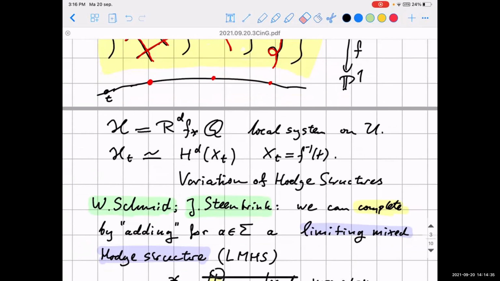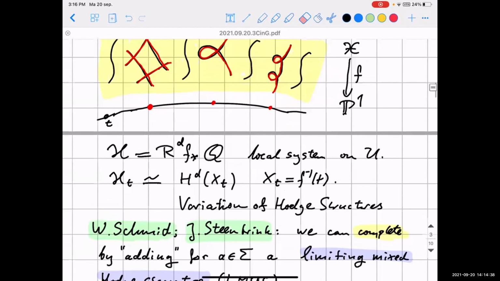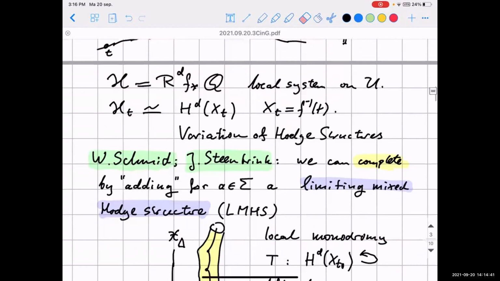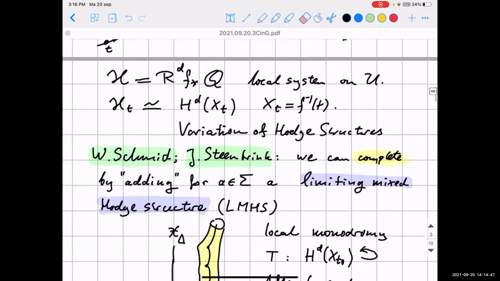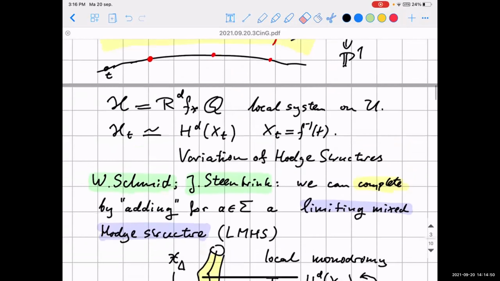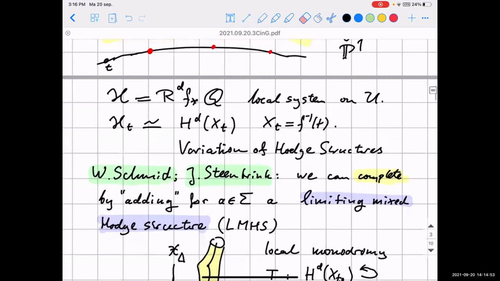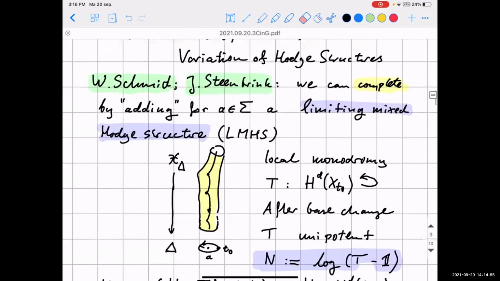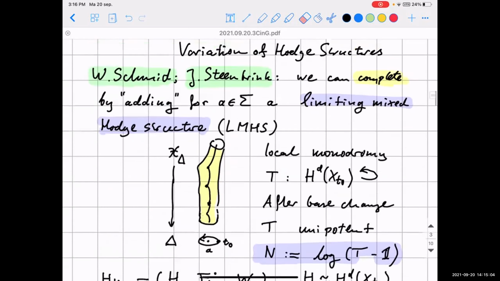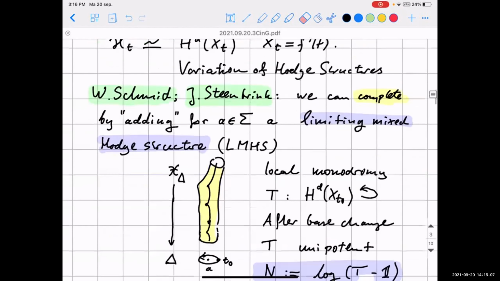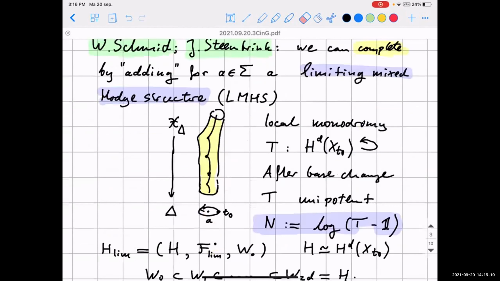So the Hodge structure becomes a more complicated object, called a limiting mixed Hodge structure. And that depends only on the infinitesimal neighborhood, in fact, just the first order neighborhood of the point of the family. It's usual to pick a disk and restrict the whole family to that disk around the singularity. And then you have a situation of a degeneration. And then the most basic topological invariant is the local monodromy.